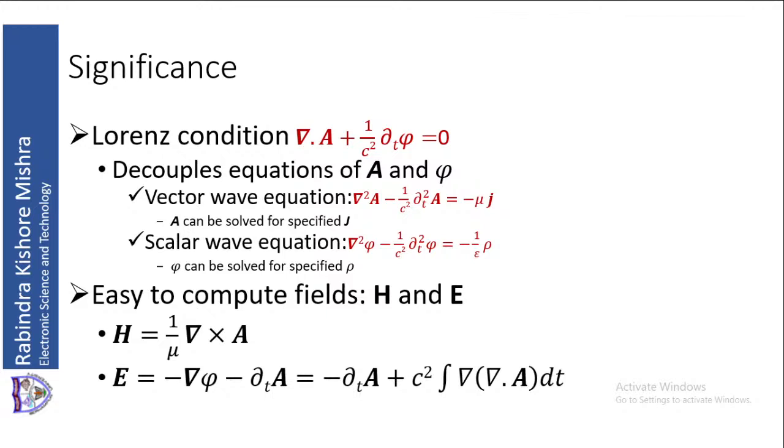Now for phi, we can use minus c square grad of divergence of A. We use that, then integrate that with time, that gives you phi. So dot TA is equal to c square times the integration over T of the gradient of divergence of A.